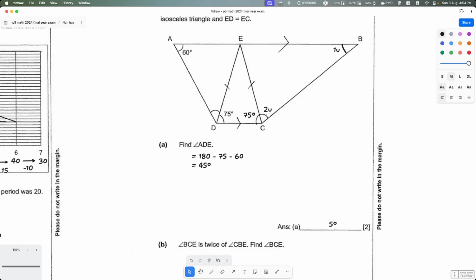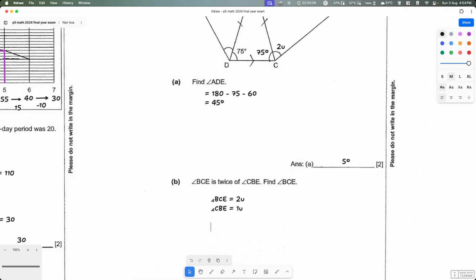Okay, then we also know that if we combine everything, 180 degrees is equal to 75, right? So this one will be just 75 and then plus BCE and CBE.